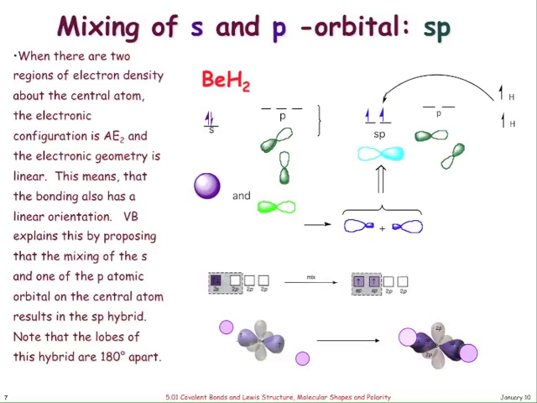This is sort of beyond us, but it shows you that we can figure out what shape these compounds have based on the atomic orbital overlap between the atoms that come together.